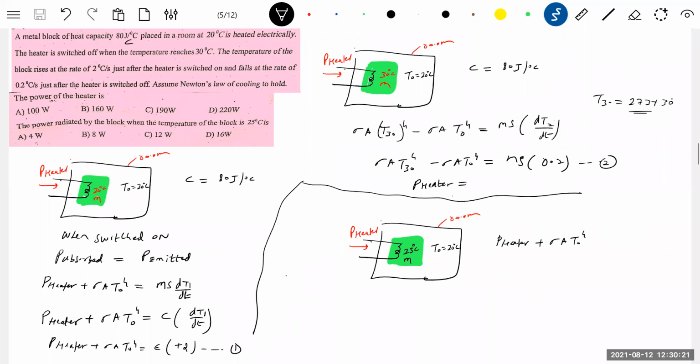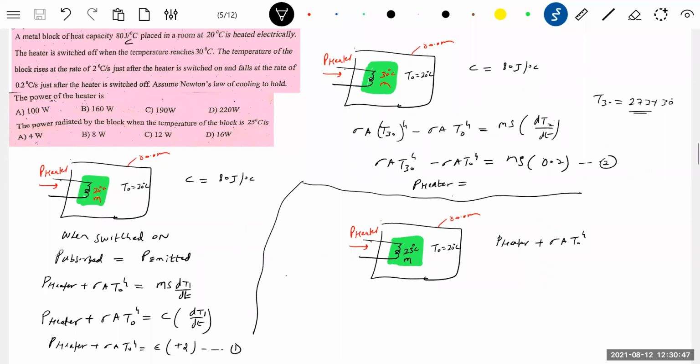Power radiated means, the temperature of the block is 25 degrees Celsius.